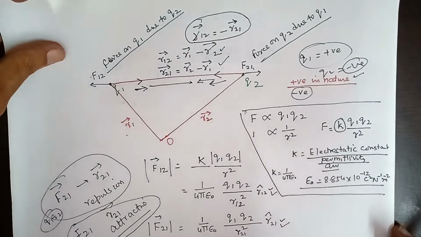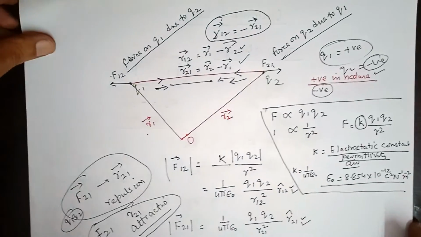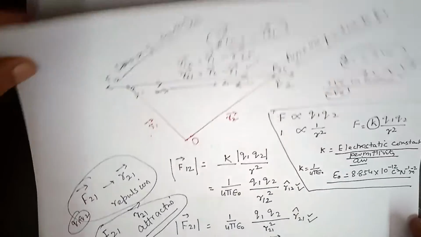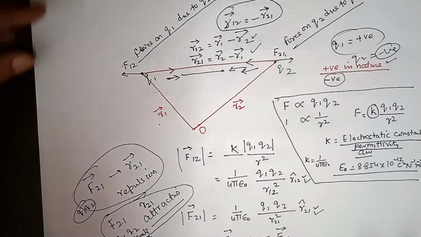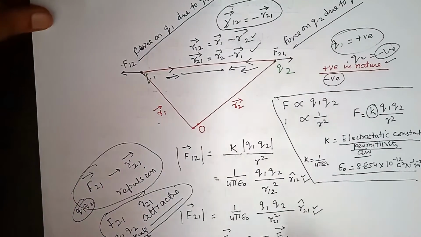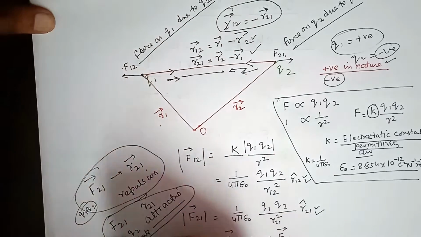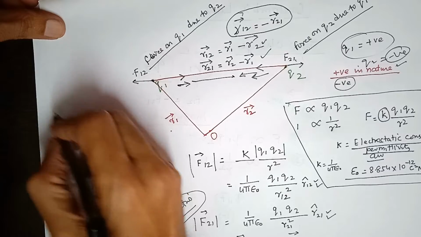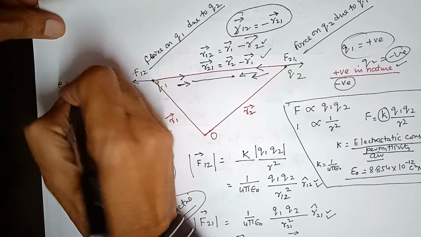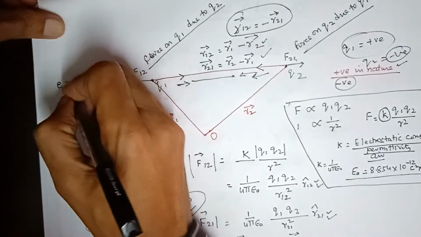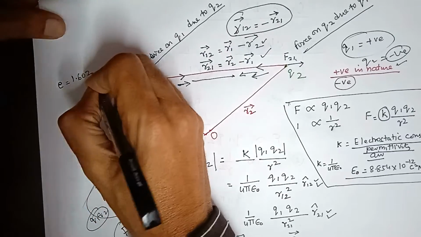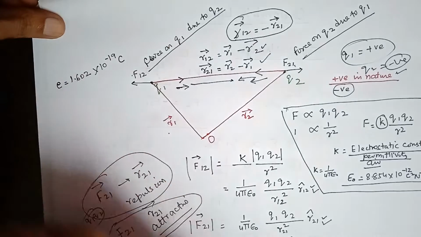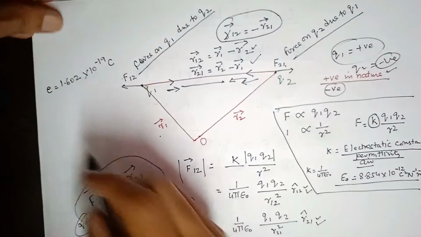Now we solve some of the problems, but before I go to the problems, let me tell you that you should remember these terms: charge on electron is equal to 1.602 into 10 raised to the power -19 Coulomb.